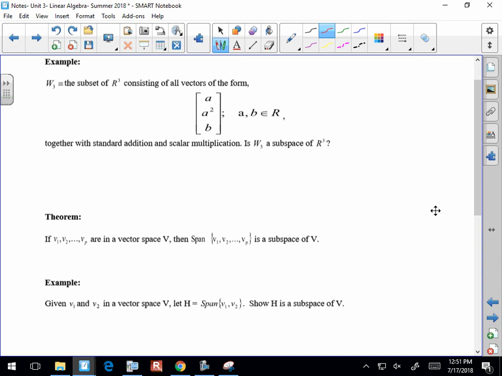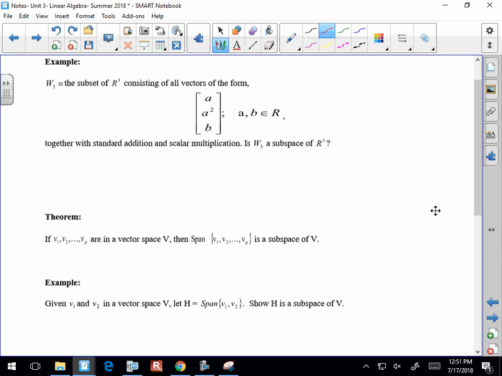Okay, so here's a little bit of a difference. We have a form of a, b squared, b. Together with standard addition and scalar multiplication, we want to know, is W3 a subspace of R3? It's a subset of R3, but is it a subspace of R3?